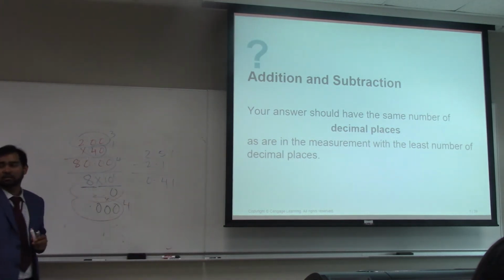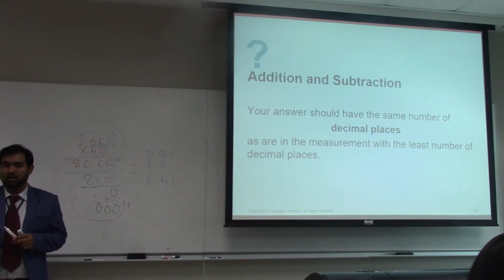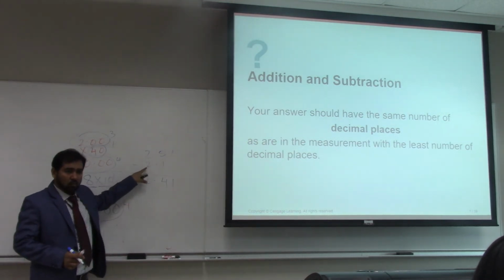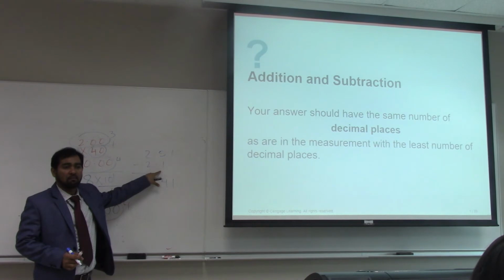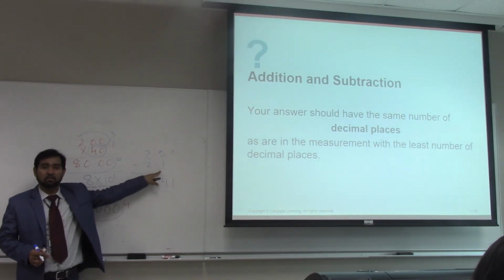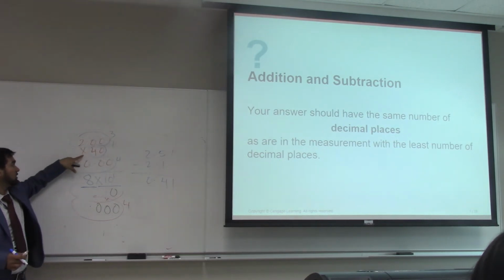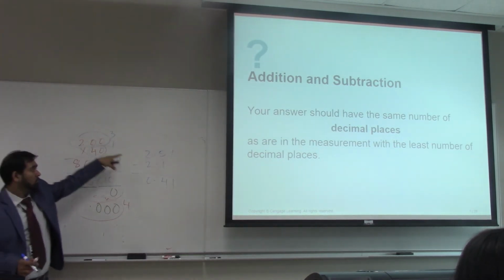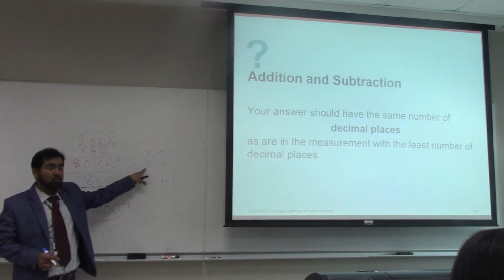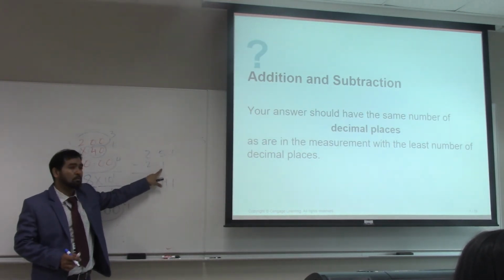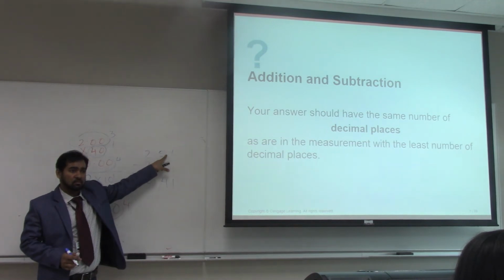That's the answer you got on the calculator. But you have to go back and see what the minimum decimal places are, not the minimum significant figures. Here you looked at the minimum significant figures when you multiply or divide. But when you subtract or add, you look at the minimum decimal places.